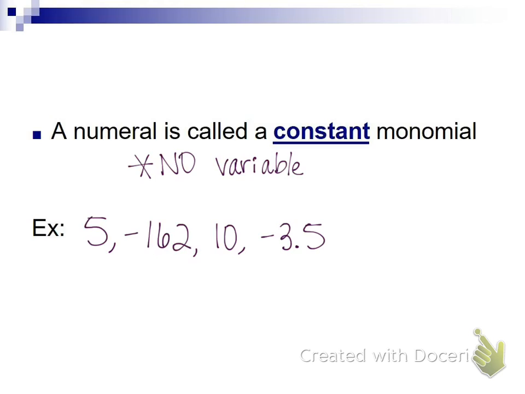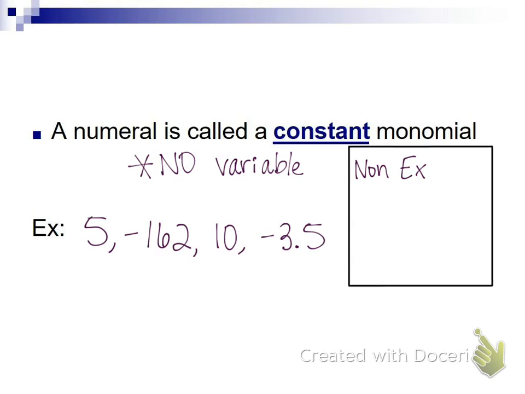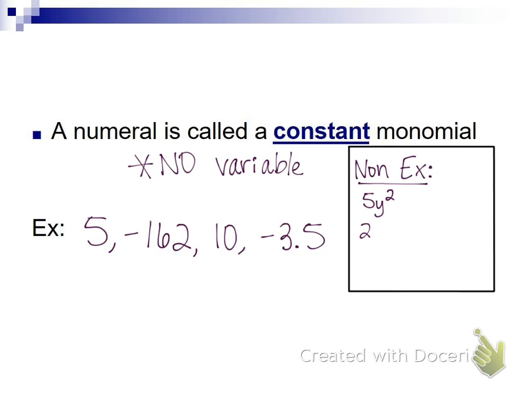So then you've got a space for non-examples. Do you see that? Non-examples would be things that would have a variable in it. So non-examples would be things like 5y squared, or 2x, or yz squared.